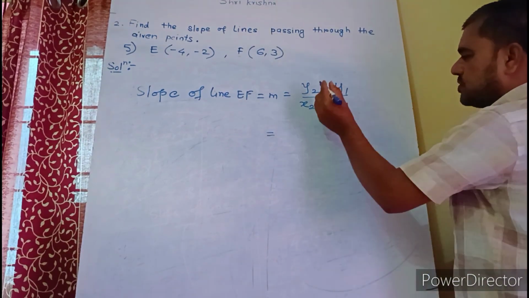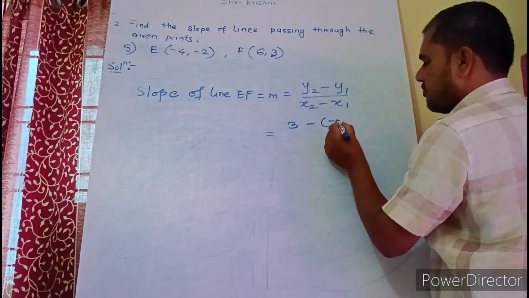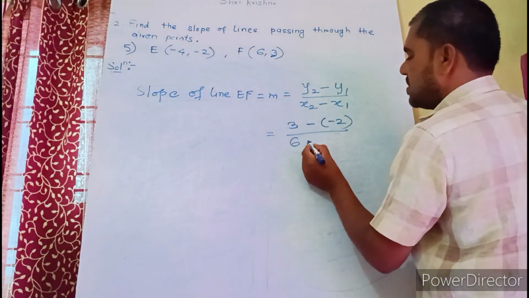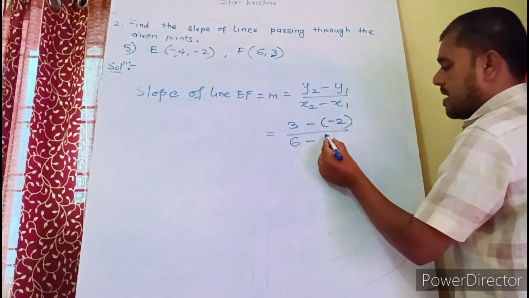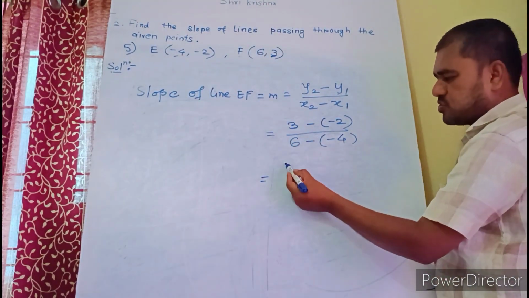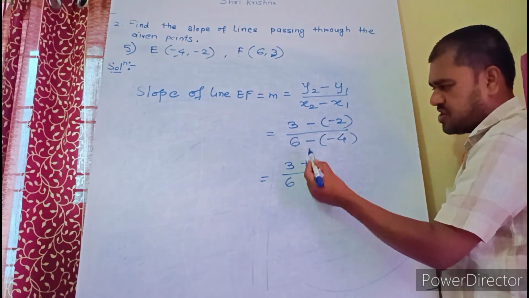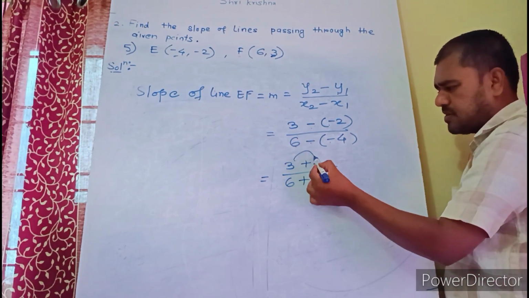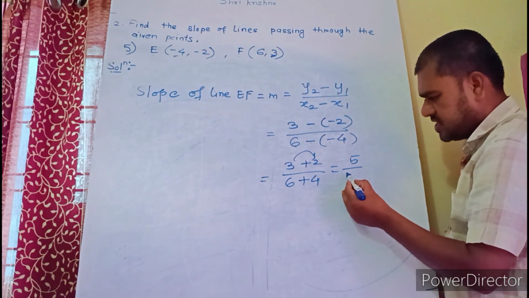That will be equal to y2, the value of y2 is here 3, minus the value of y1, -2, divided by x2, the value of x2 is 6, minus the value of x1, -4. So by putting these values and solving, this will be equal to 3 plus 2 divided by 6 plus 4. Now on calculating, 3 plus 2, that is 5, divided by 6 plus 4, that is 10.